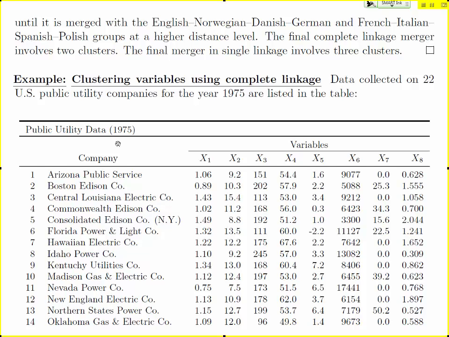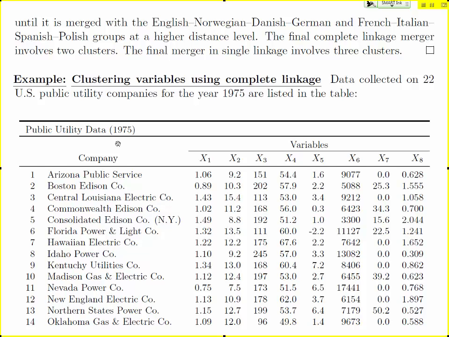What are we interested in searching for relationships in? We could cluster the companies. Let's compute distances, a distance matrix comparing companies, and then group the companies. Or we could try to cluster the variables and look for groupings there.